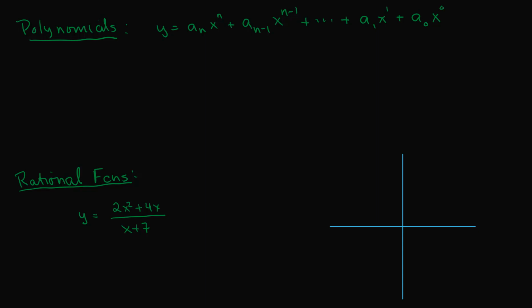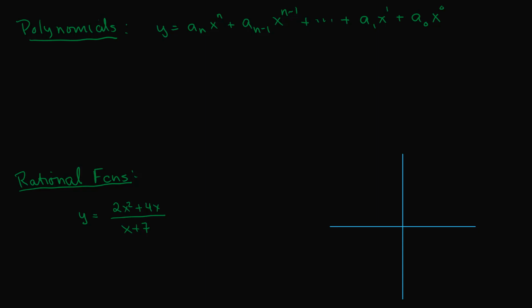In a book, and typically in any publication, whether it be a manuscript or whatever, you will see polynomials in general written as a sub n, x to the n plus a sub n minus 1, x to the n minus 1, all the way over to here where we get down to a sub 1, x to the first power, a sub 0, x to the 0 power. Now at this point I have x to the 0 written in.